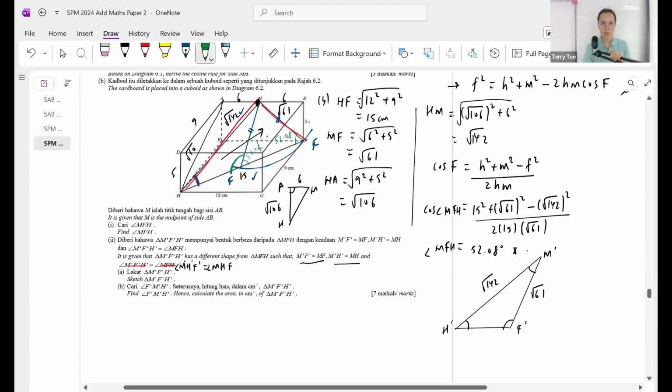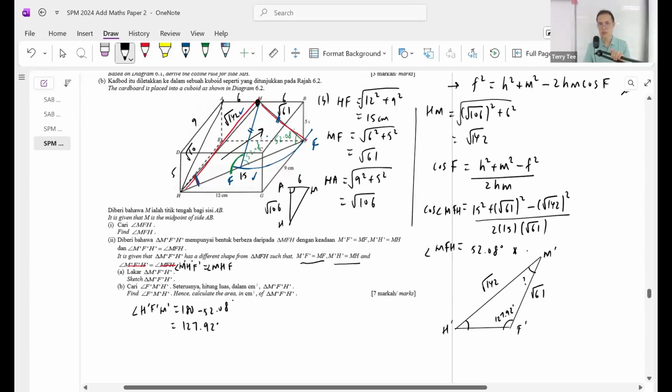This is the angle next to it. So we should do 180 minus, right? Angle H prime F prime M prime should be 180 minus 52.08, that is 127.92. So this is 127.92.